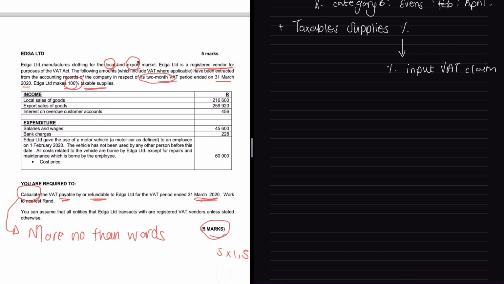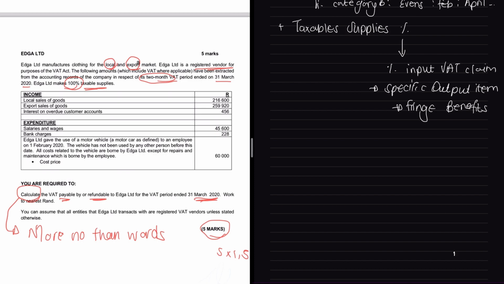This also links to a few output VAT items, not all of them, so some specific output VAT items, such as our fringe benefits, which VAT can then be apportioned.